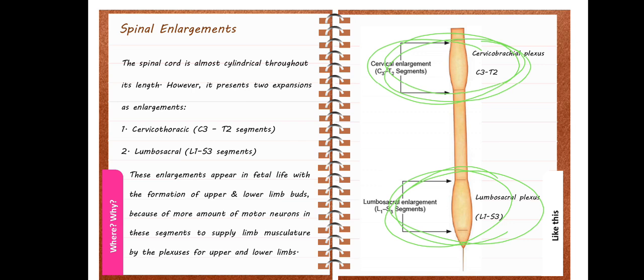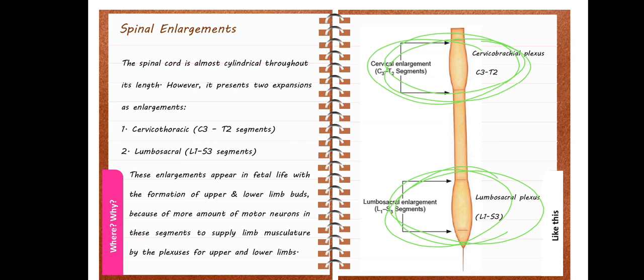So the presence of these two enlargements fosters easier supply of innervation to the upper limb and the lower limb. During the development of the upper and lower limb buds, the spinal cord presents with these enlargements that go on to later supply the upper and lower limb.